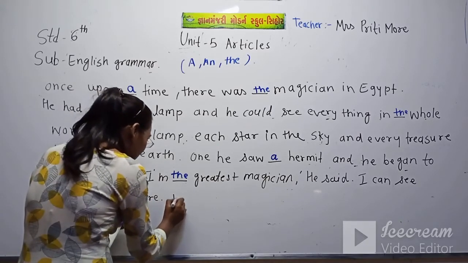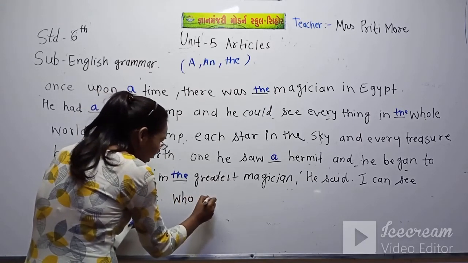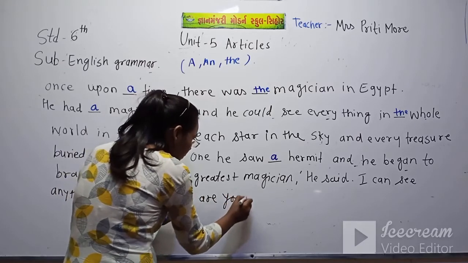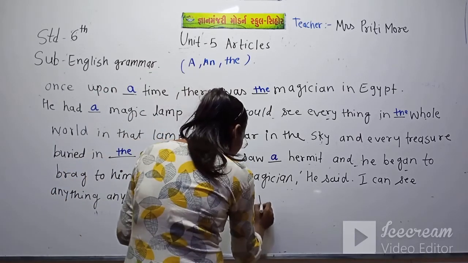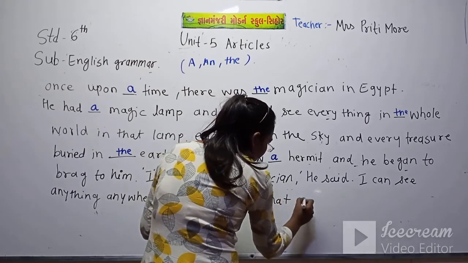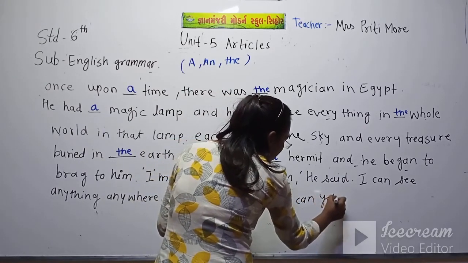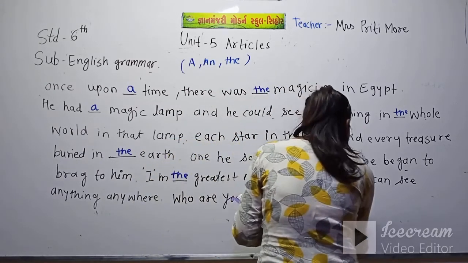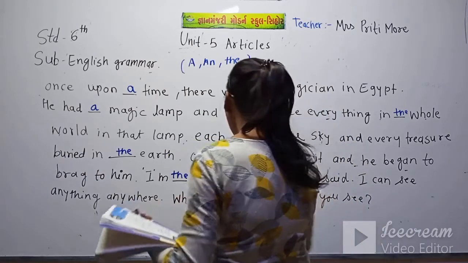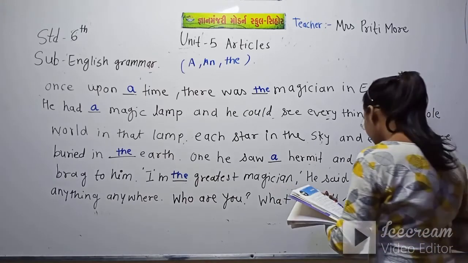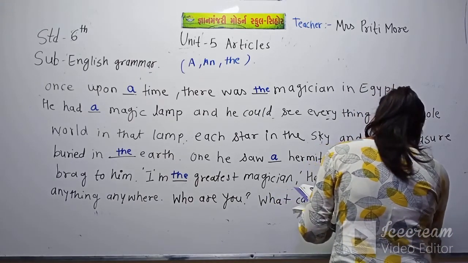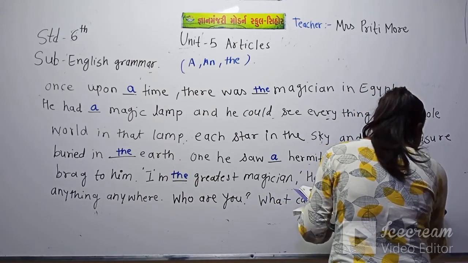Now the hermit is saying, who are you? What can you see? Who is saying all this? Now, who are you? What can you see? Hermit is saying here: blank space hermit.